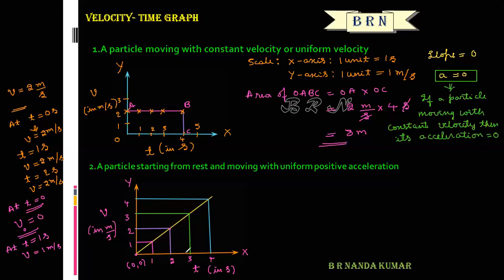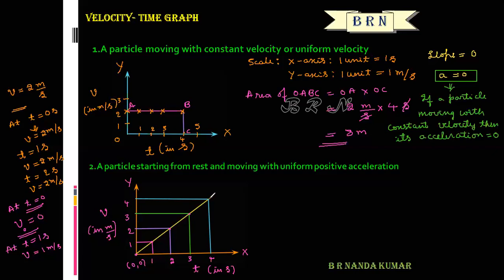So after 1 second, its velocity further increased by 1 meter per second. So the final velocity is 3 meter per second at time t is equal to 3 seconds. So that point is 3 comma 3. Okay. So in the next 1 second, its velocity becomes 4 meter per second.